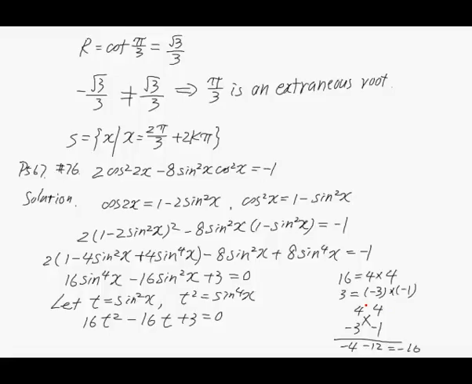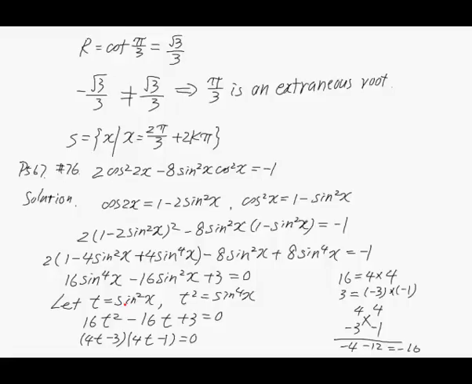Then you use the numbers in the first column to form the first linear factor, and use numbers in the second column to form the second linear factor. So right now we have 4t minus 3 times 4t minus 1 equal to 0. So now we can solve this equation for t. We have two solutions. So let's move to the next page.